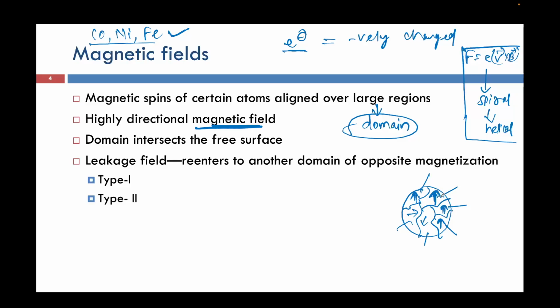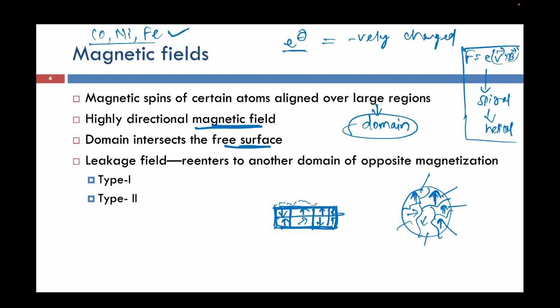And when these domains intersect the free surface, let's say I have a material here and these domains impart a magnetic field, then when the domain intersects the free surface there is some amount of leakage. They will pass through free space. It is not necessary that the entire magnetic field is constrained inside the material.